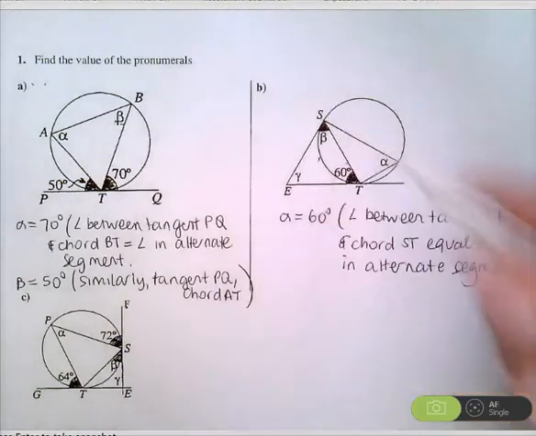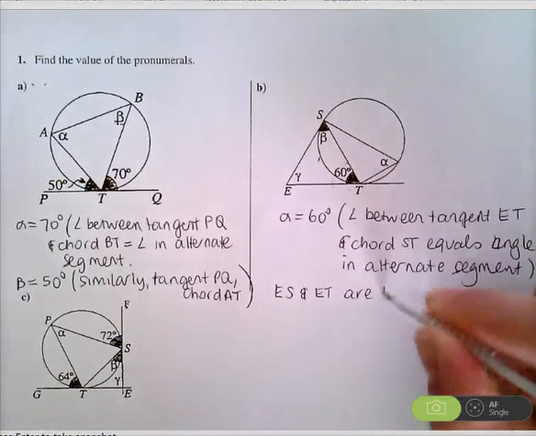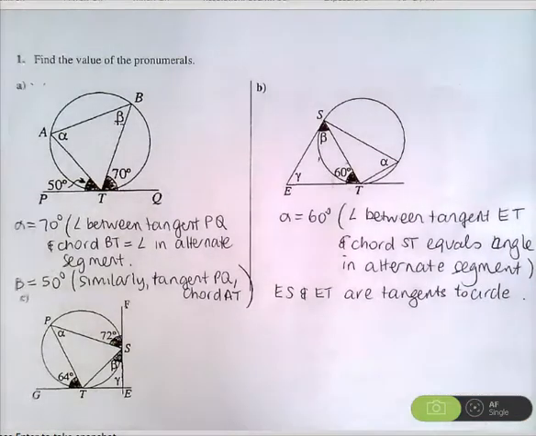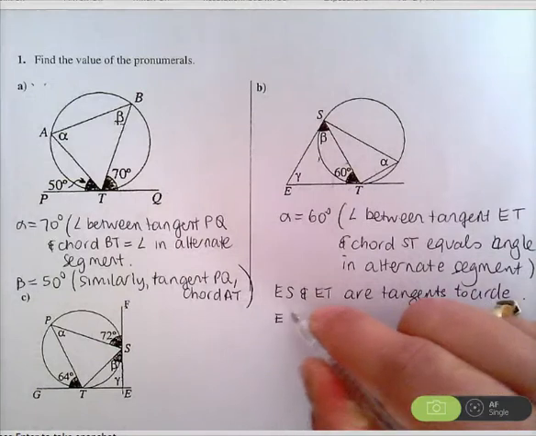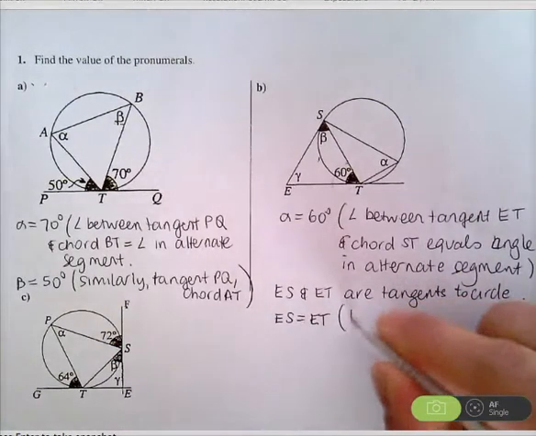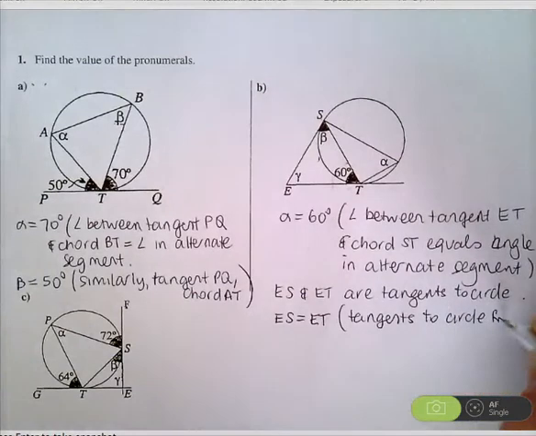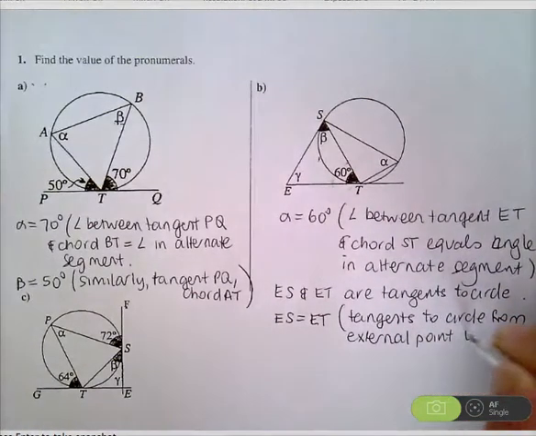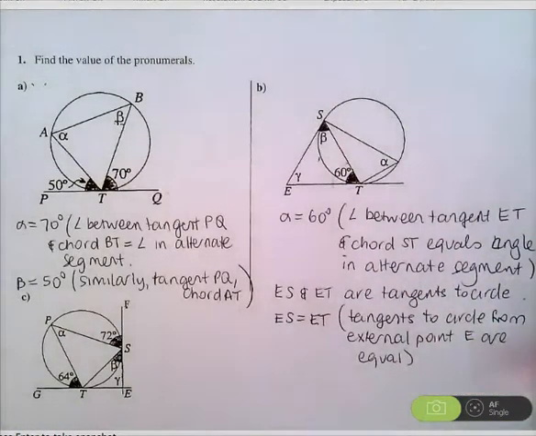Now we can see that ES and ET are tangents to the circle, both drawn from the same external point E. So therefore we can say that ES equals ET, because tangents to a circle from the external point E are equal.